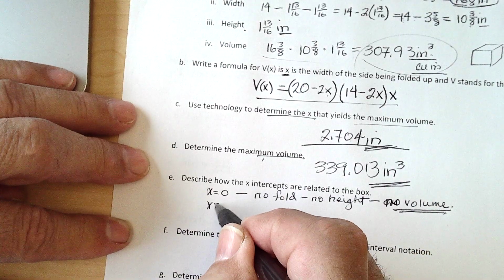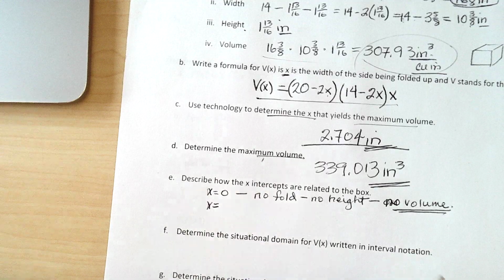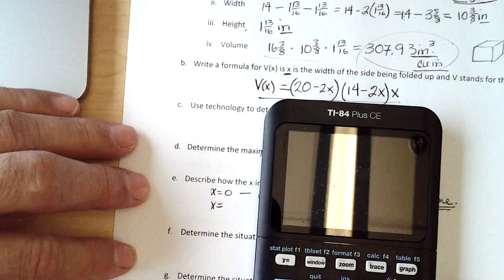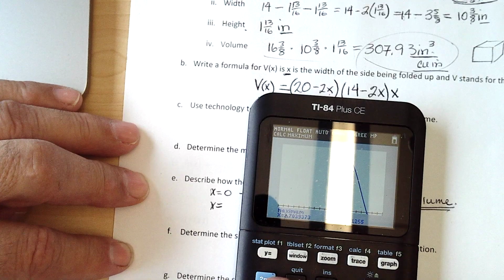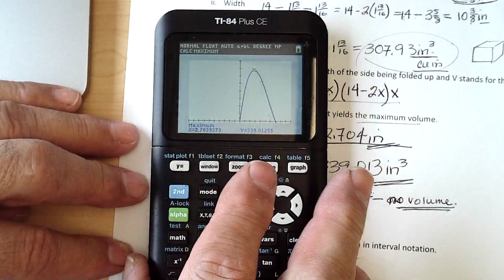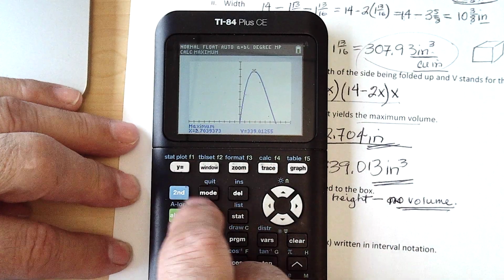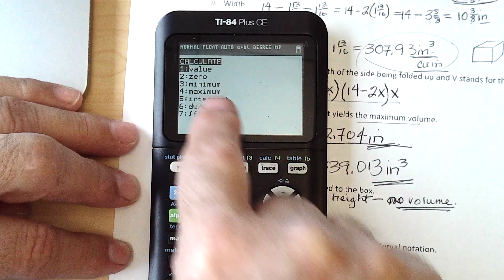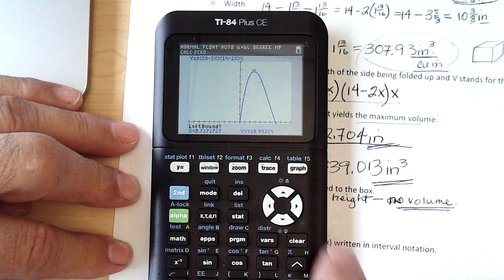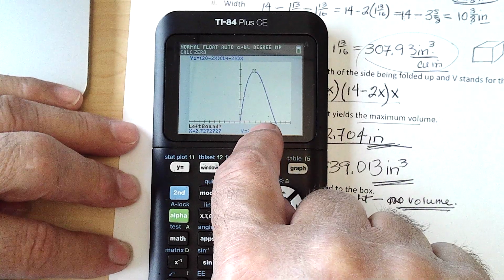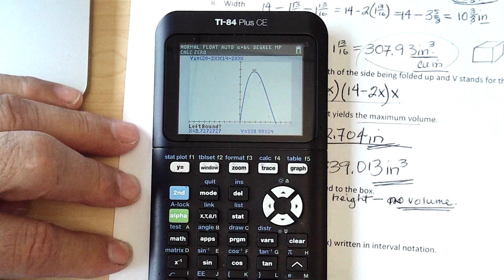At the next x-intercept, let's go on this one. The next intercept was there. To find that on the calculator, I go second, calculate, zero. That's somewhere between 3 and 8.